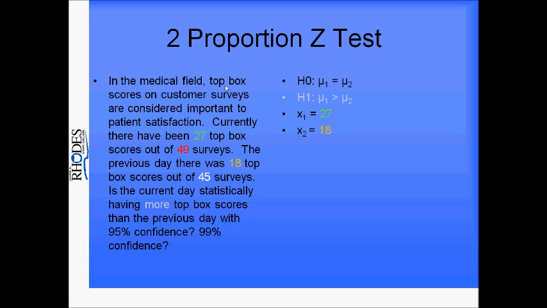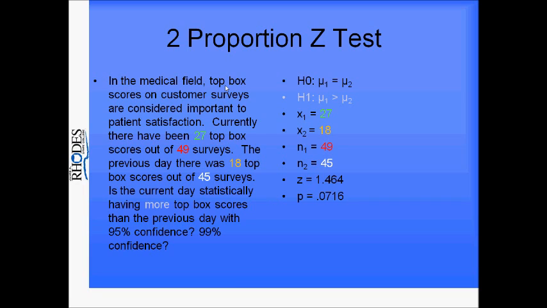We'll plug in our knowns here. We have our 2 different x's. One is 27, one is 18. And our sample size for the first survey is 49, 45 for the second. We plug it in, hit calculate, and you should get a Z value of 1.46.